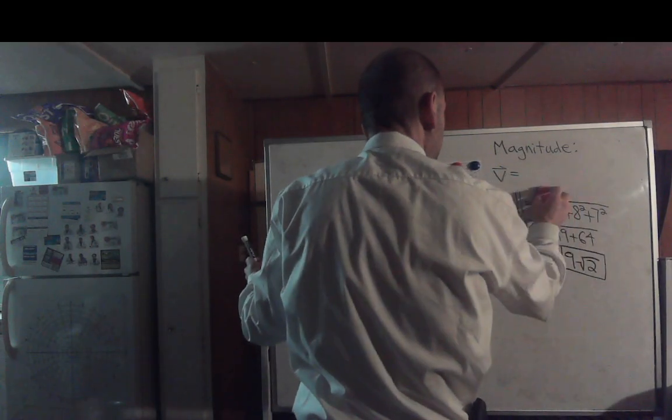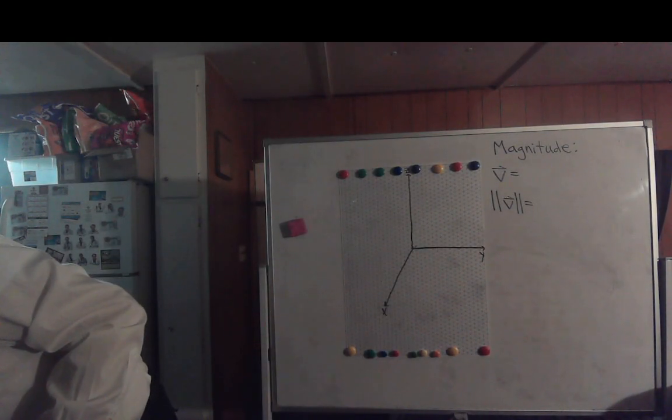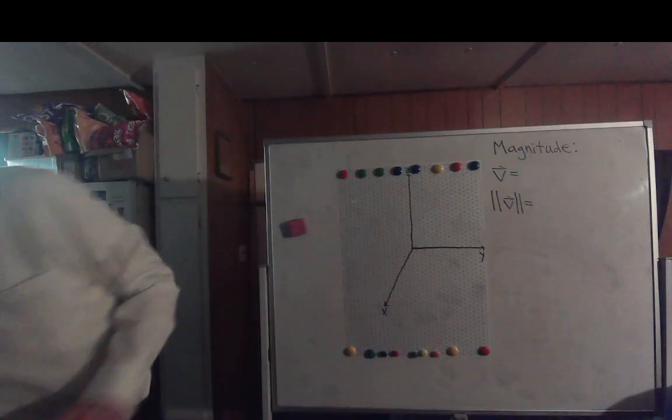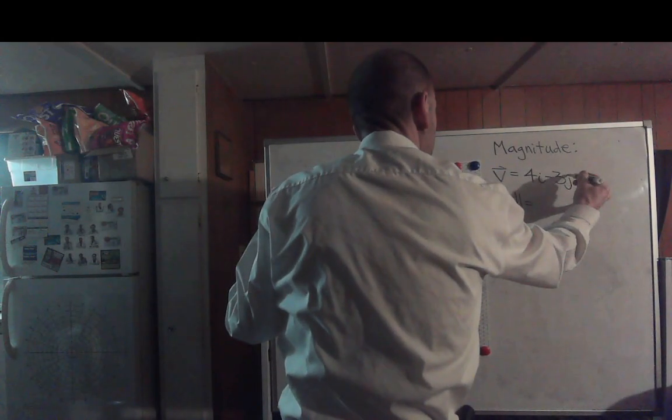Now let's do one in component form. Not component form, linear combination form. So let's say we have 4i minus 3j plus 7k.